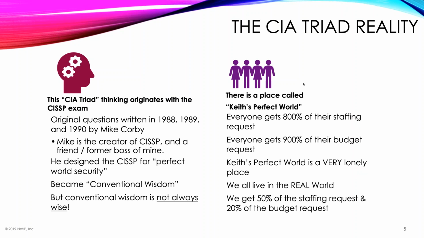We all live in the real world where we're going to get 50% of our staffing requests, 20% of our budget requests, and that's if we're lucky, okay? So in other words, we never have the resources necessary to implement the CIA as a triad of 3 equal parts. And I speak from knowledge, okay?